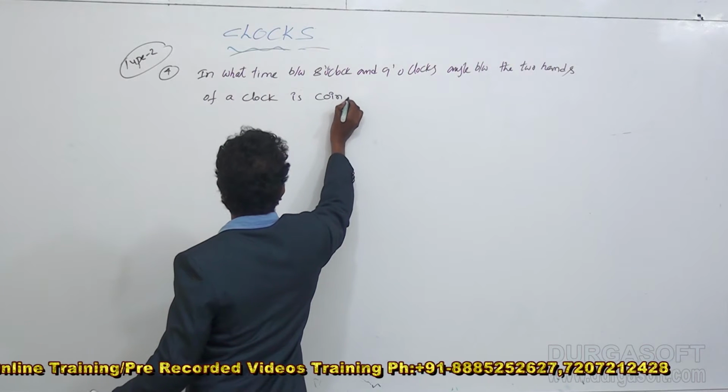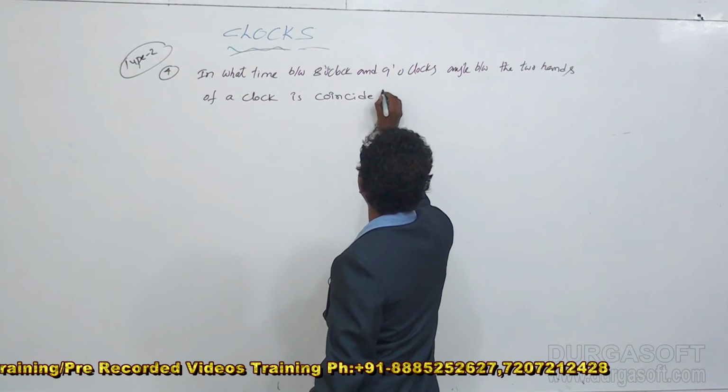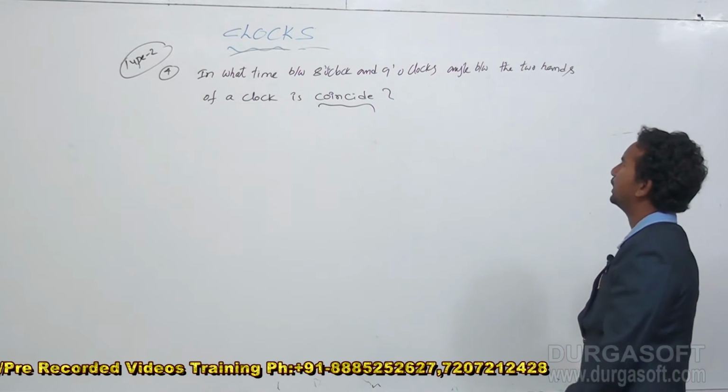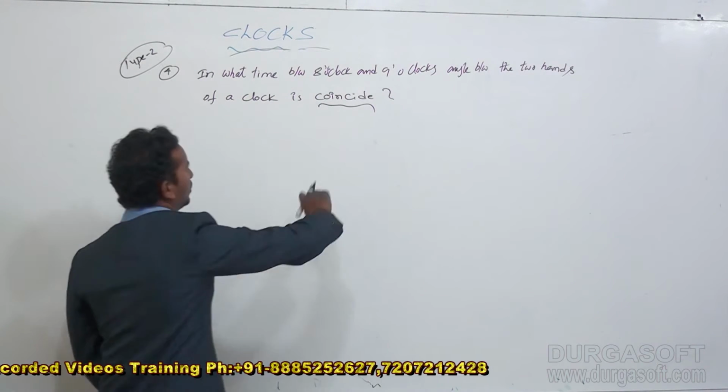So here, coincident. This is the problem: at what time between 8 o'clock and 9 o'clock is the angle between the two hands of a clock coincident?